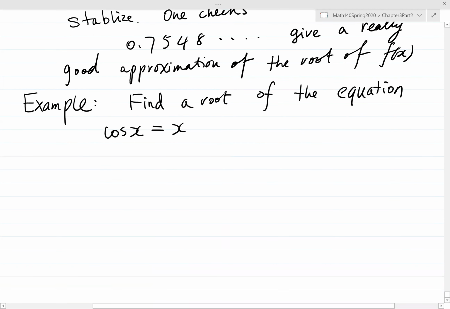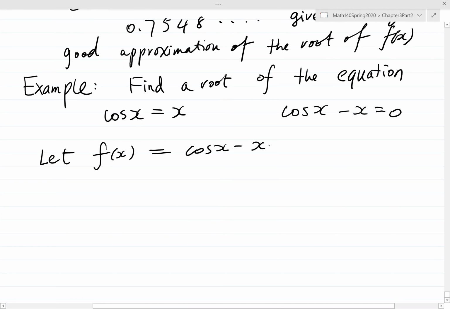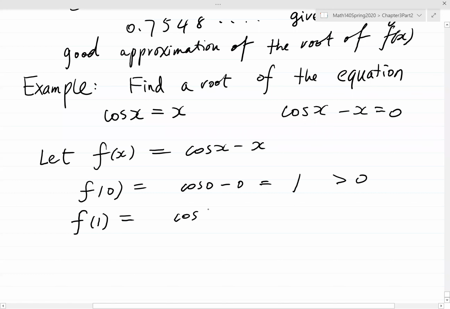So we want to solve cosine x minus x is 0. Let f(x) be cosine x minus x. f(0) is cosine 0 minus 0, which is 1, positive. f(1) is cosine 1 minus 1.